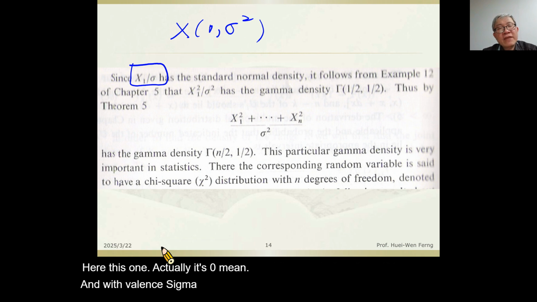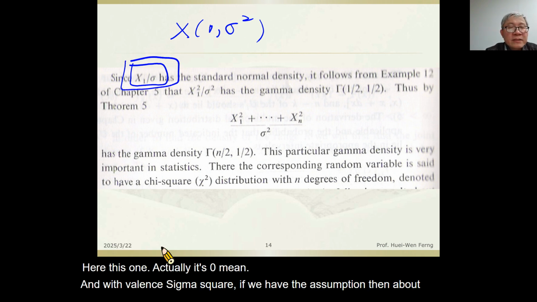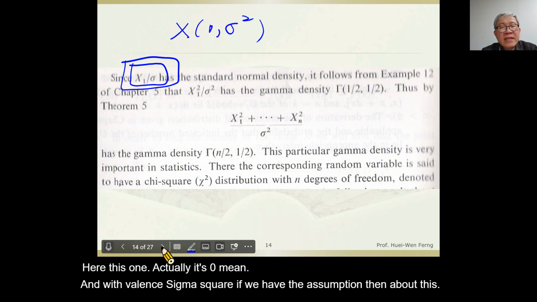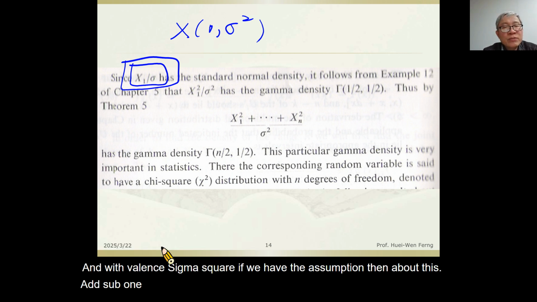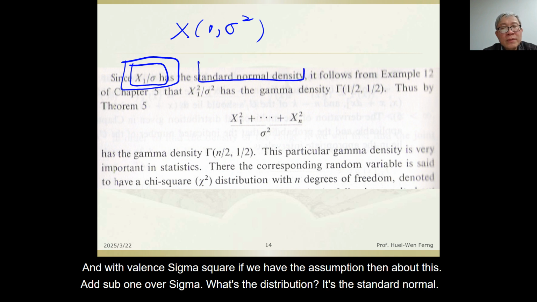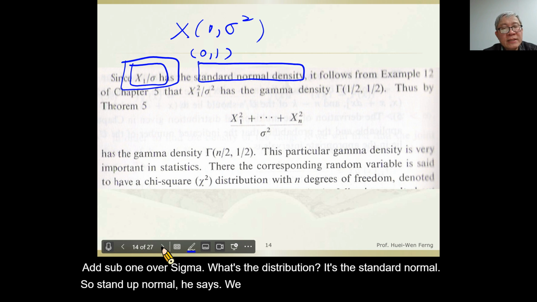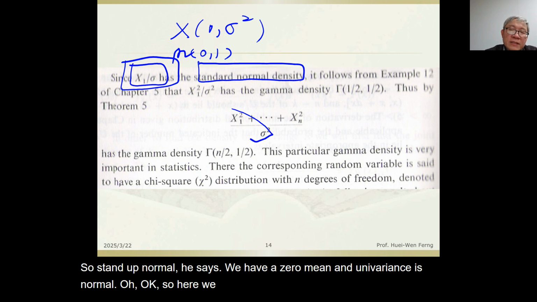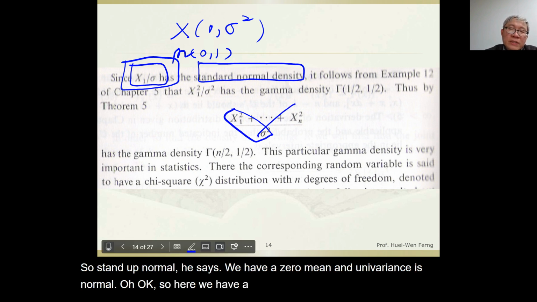If we have this assumption, then for x sub 1 over sigma, what's the distribution? It's the standard normal. Standard normal means we have zero mean and unit variance. Oh, okay, so here we have standard normal.